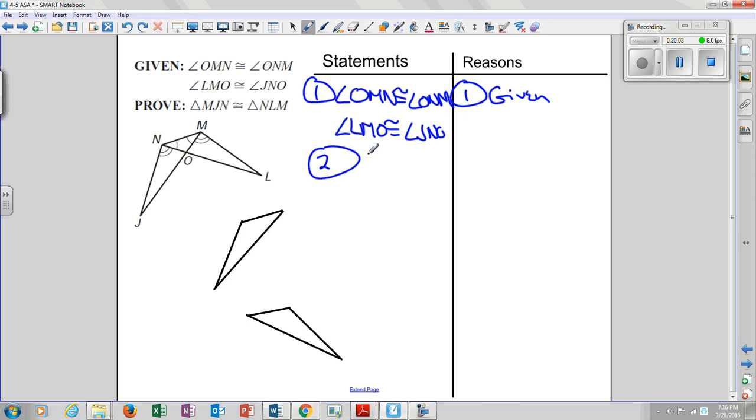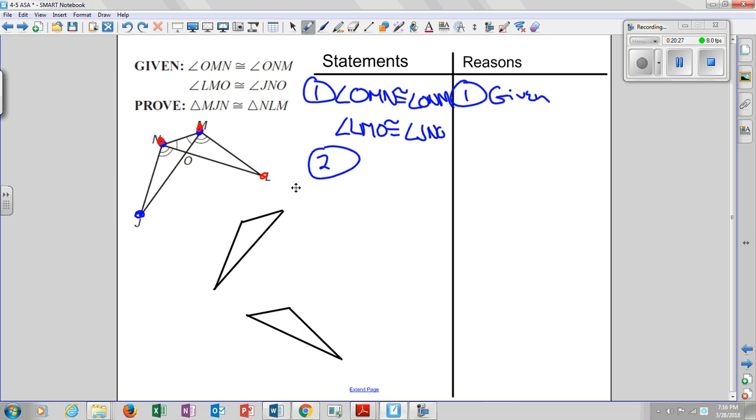There's something I notice about both of these big triangles because we're trying to prove that MJN, which is the big triangle, is congruent to this big triangle here, NLM.